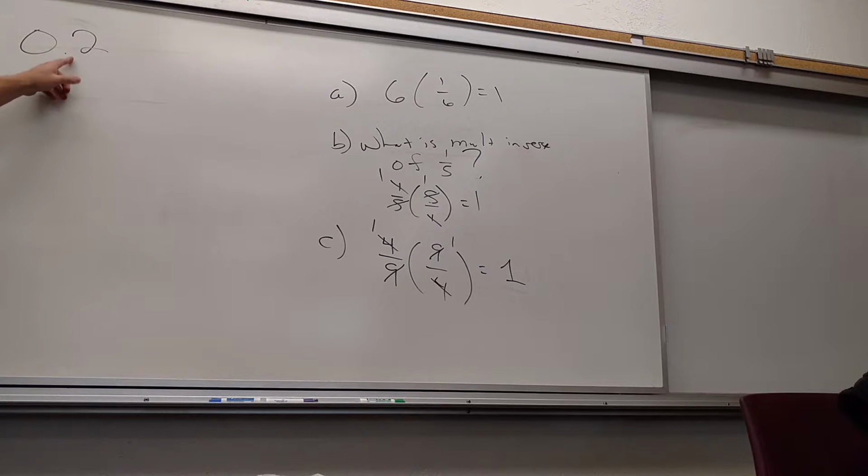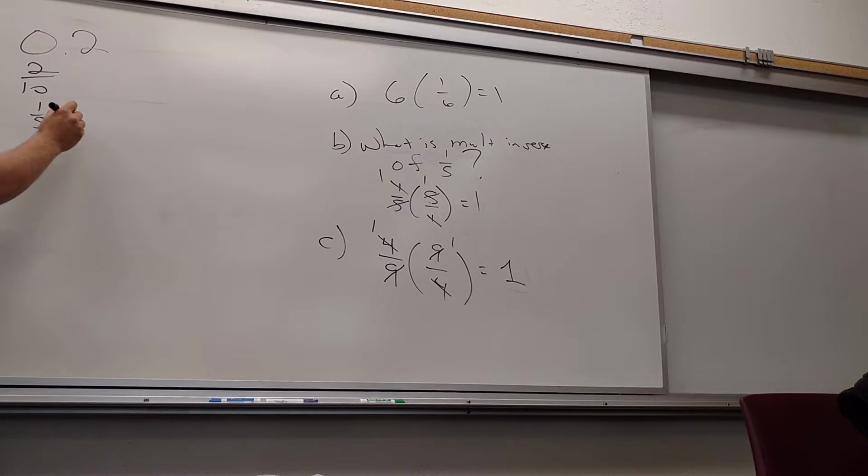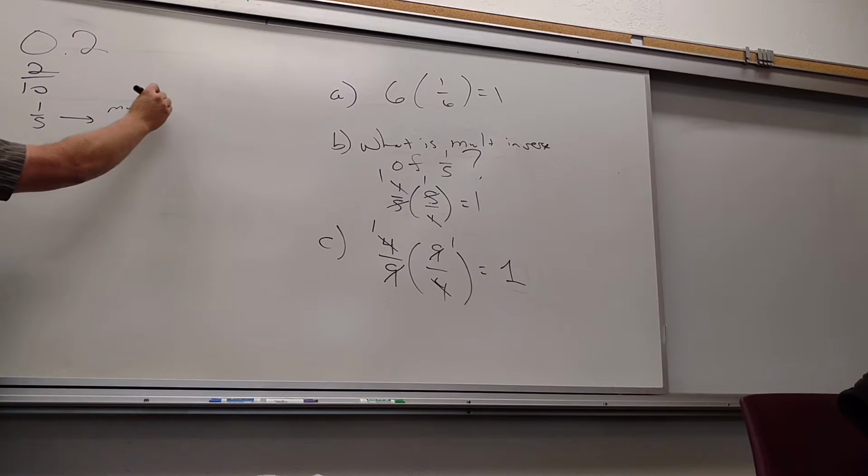A good way to start is to turn this into a fraction. If I know what this fraction is, I just have to flip it. So what is 0.2 as a fraction? 2 tenths. And of course 2 tenths reduces to 1 out of 5. So the inverse would be 5 over 1.